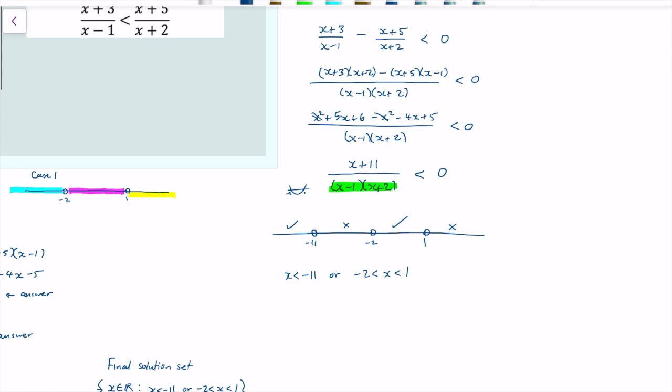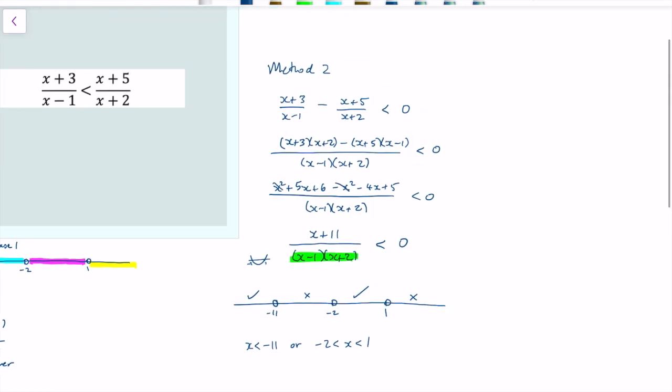Okay, third possible method that I've thought about. I wonder if any of you have come up with a third one here. The third one is to think about what happens when you cross multiply. Cross multiplication works, but only if the quantities you're multiplying through by are positive, otherwise the sign changes.